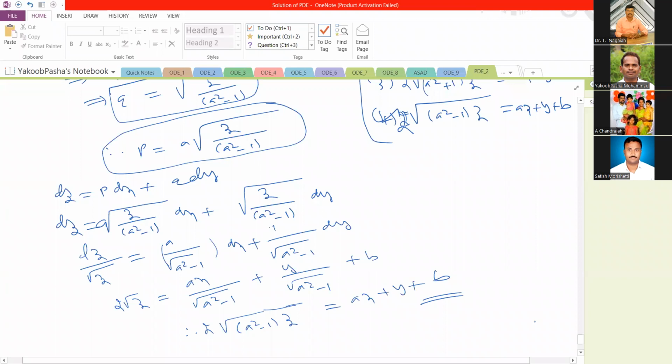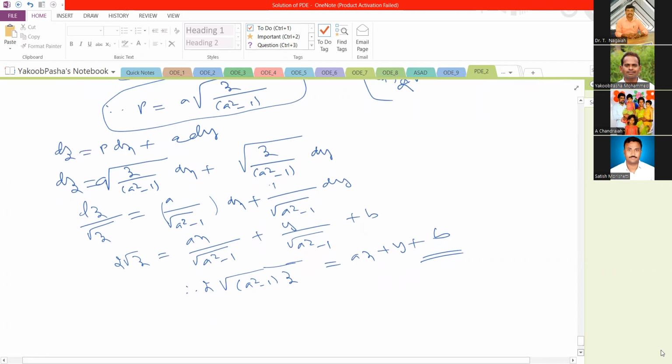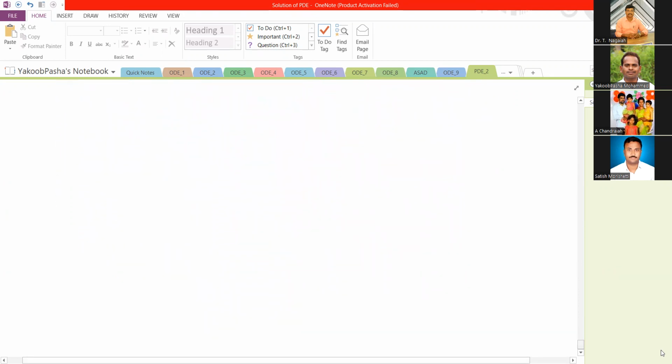Now I am taking another example, also from CSIR. The general solution of the PDE p square z square plus q square is equal to 1.